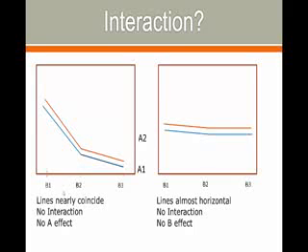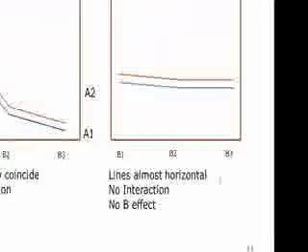In this model here, the lines almost coincide: no interaction, and no A effect. And in this example on the right, the lines are almost horizontal: no interaction, and no B effect. The graphics that we will get will never be as clear as this, but if the two line segments cross, we believe there is a possibility.